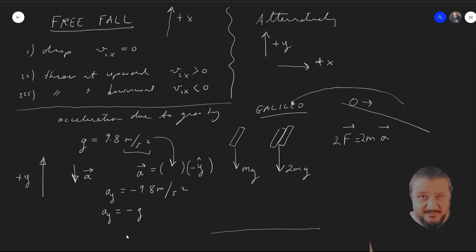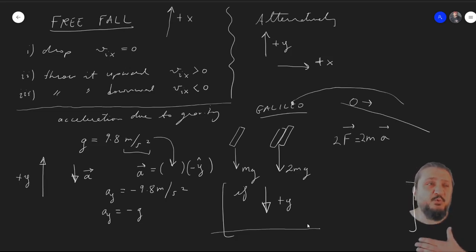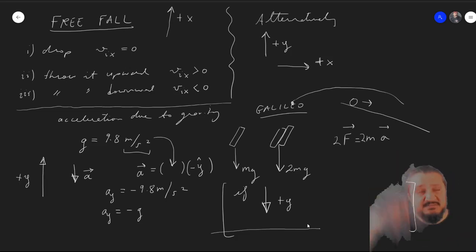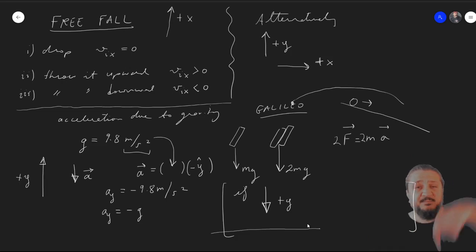Now, if you want to be different than others and pick down as your positive y direction, that's perfectly fine. No problem, but you gotta remember to change the sign of AY. If you pick down as your positive y, because it's totally up to you where to pick your origin, how to name the axes. Do I want to call it Z or Y or X? Is it up positive or down positive? It's totally up to you, but once you pick it, just stick with it, okay?